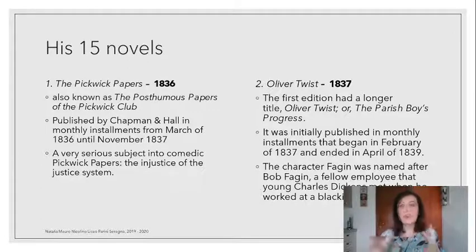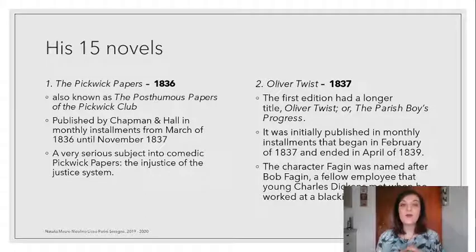Let's have a very quick look at all of his 15 novels. I've listed them all. Don't worry, I don't want you to remember them all, but maybe some of them which you already know or which, in your opinion, are more interesting. The very first novel that he wrote and published was The Pickwick Papers.